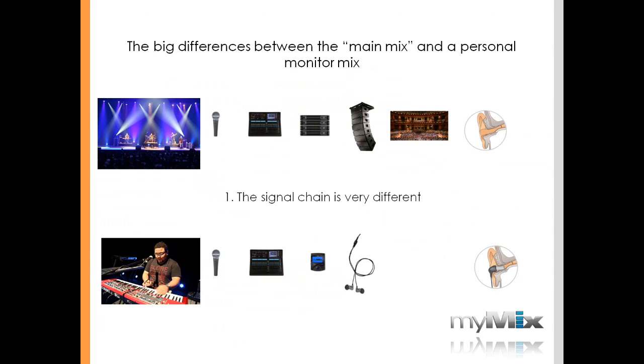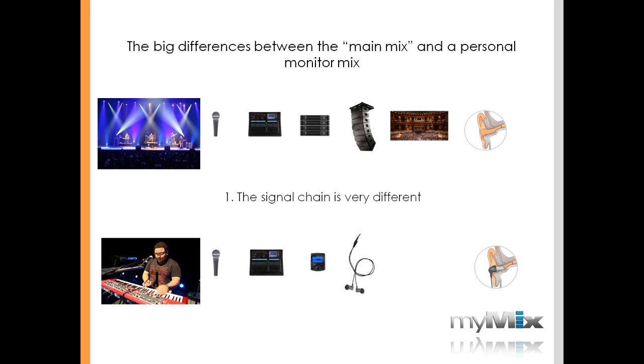Now, before we start talking about which channels to select, let's take a look at the differences between a main mix and a personal monitor mix. The first big difference is in the signal chain. This is very different. In the main mix, the signal from the microphone after the console is sent to the PA system.